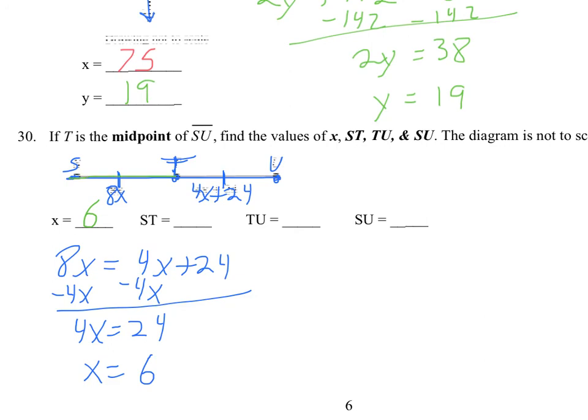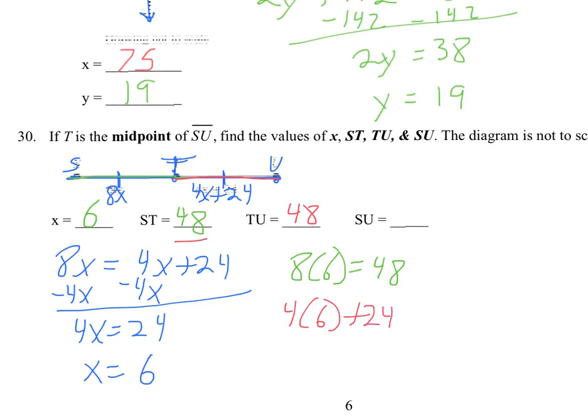So 8 times 6 equals 48, which is the measure of ST. Well, do I really have to plug anything into this segment right here? It should be equal to this segment, right? But we'll go ahead and check it since we know that x is 6. 4 times 6 plus 24, and that ends up equaling 48, because 24 plus 24 is 48.